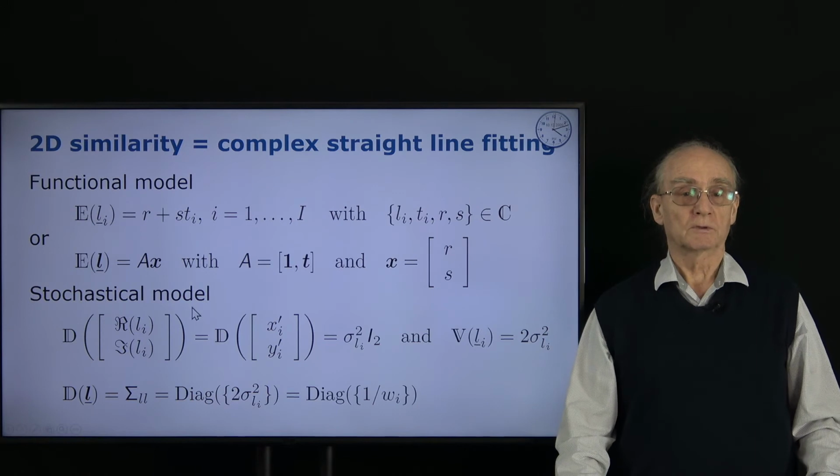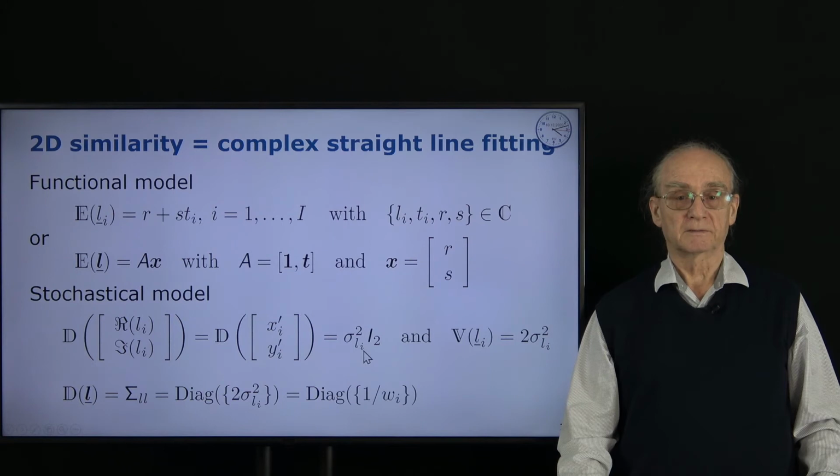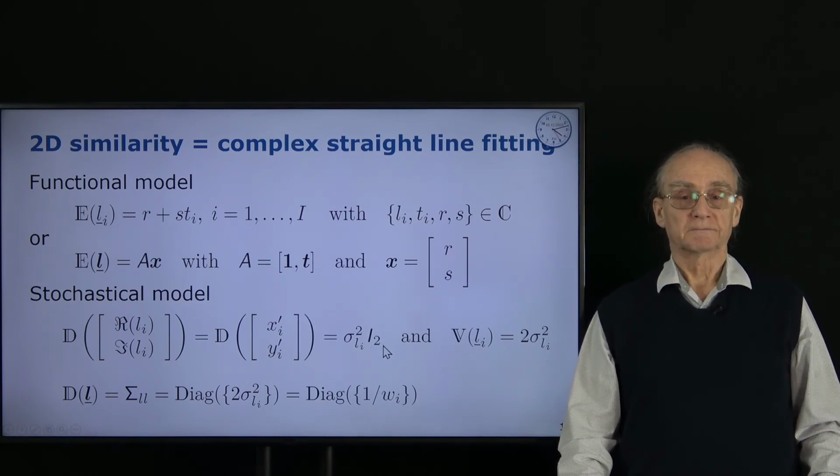Now the stochastical model, of course, needs to have some care. So we assume that the real part and the imaginary part of our observed coordinates, that means the x and y coordinates which we observe, have the same standard deviation. So the covariance matrix of this vector is this variance multiplied with the unit matrix.